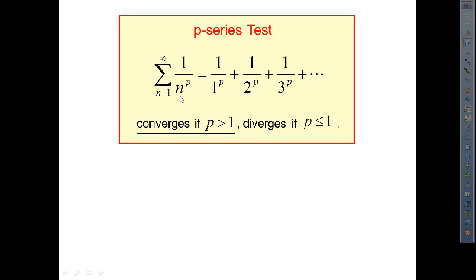So that's the big thing right there. You've got the counter raised to a constant power, and if that constant power is greater than 1, the series will converge. If it's less than or equal to 1, the series will diverge.